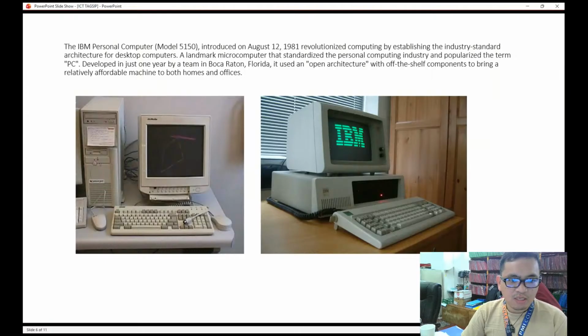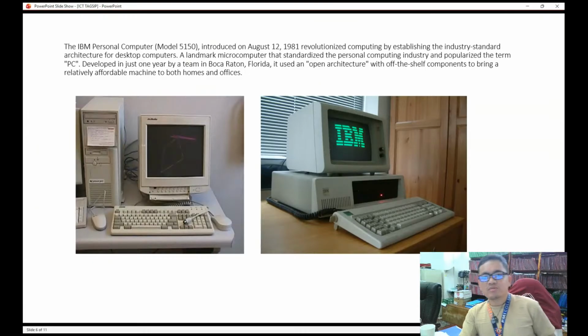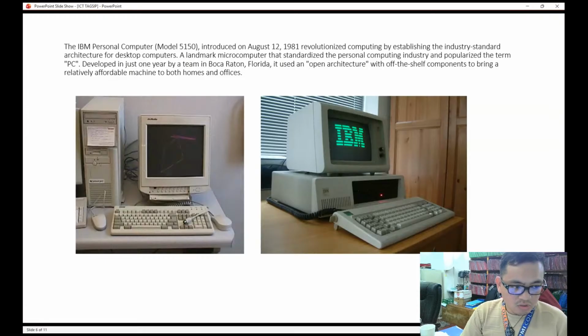It revolutionized computing by establishing the industry standard architecture for desktop computers, a landmark microcomputer that standardized the personal computing industry and popularized the term PC, or personal computer. Developed in just one year by a team in Boca Raton, Florida, it used an open architecture with off-the-shelf components to bring a relatively affordable machine to both homes and offices, as the illustration shows.